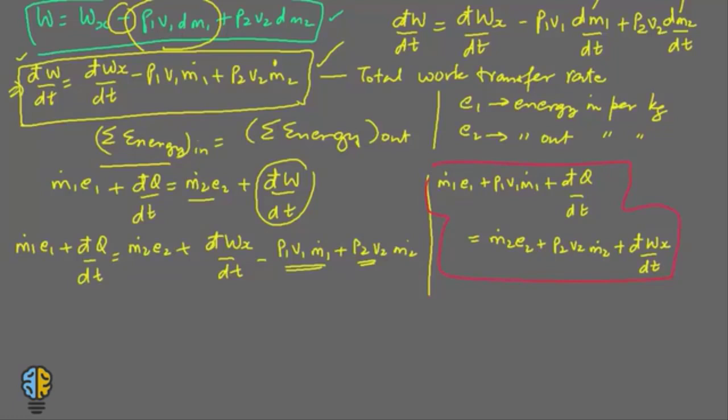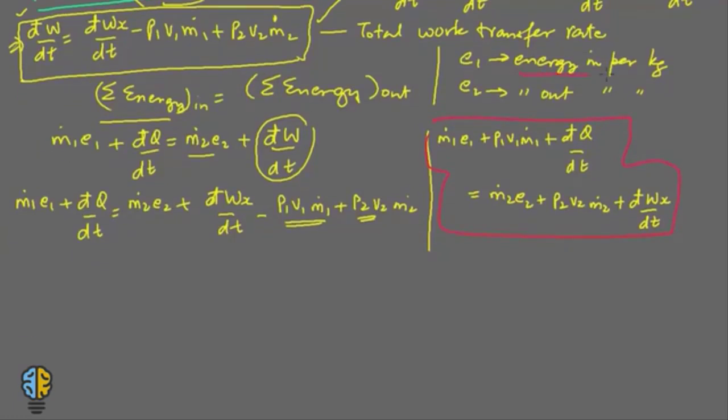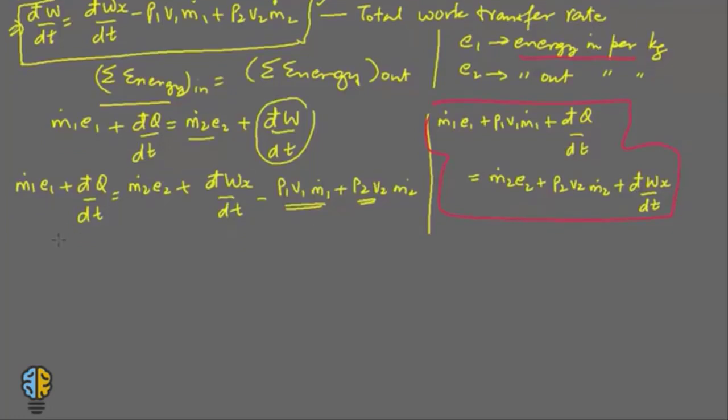Okay, now if you look at E, now what is E? E is basically the specific energy. Now the specific energy, if you remember the video we did on control volume, E was equal to the kinetic energy plus the potential energy plus the residual energy, isn't it?